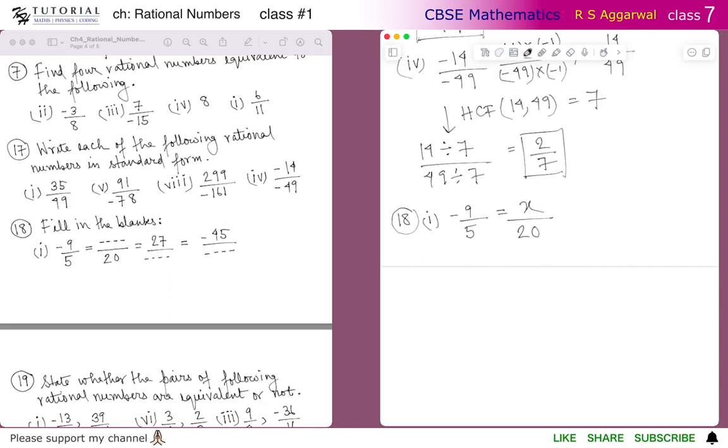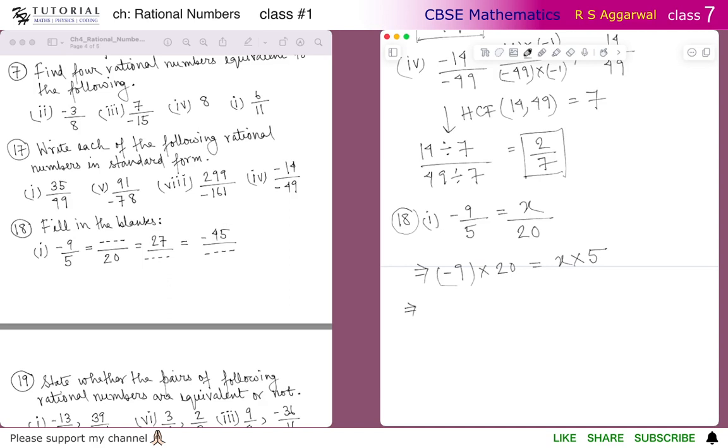Now, if these two are equal rational numbers, we know by cross product that minus 9 multiplied by 20 will be equal to x multiplied by 5.